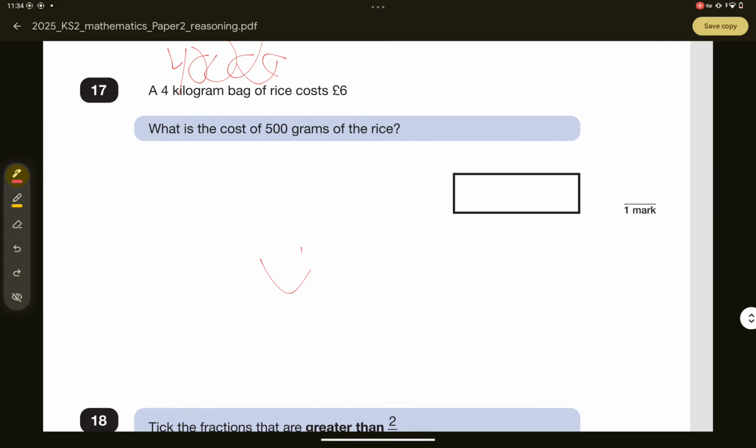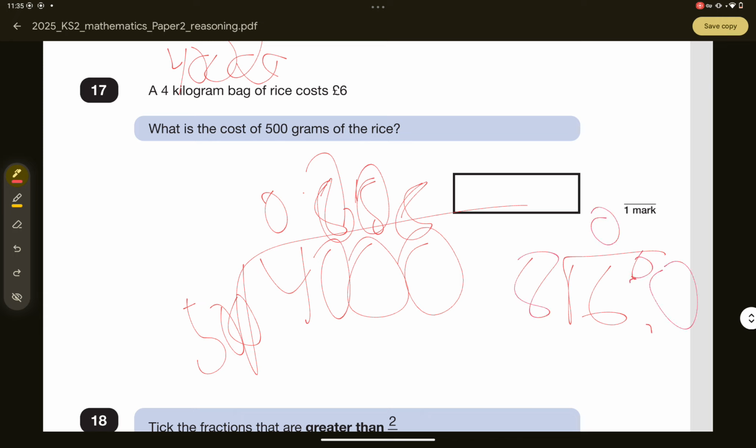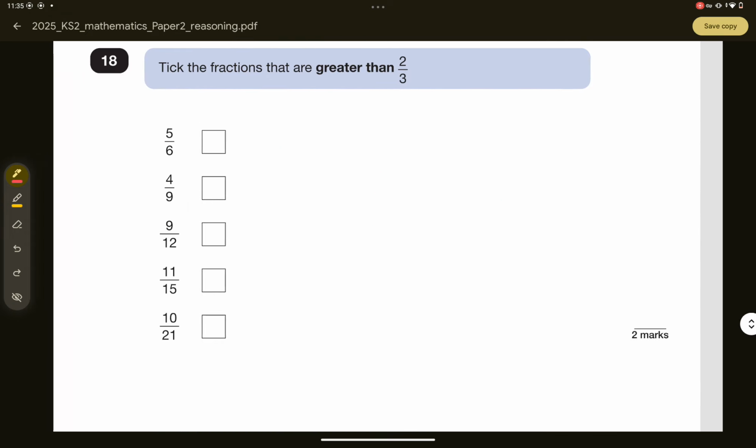So 4,000 divided by 500 will be 8. And then 6 divided by 8 equals 0.75, so 75p, because we're using money.